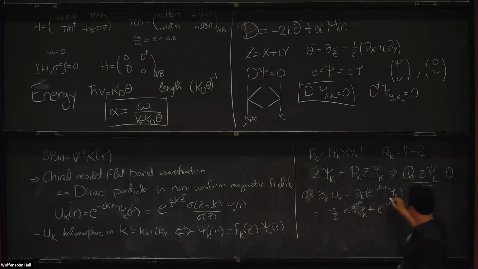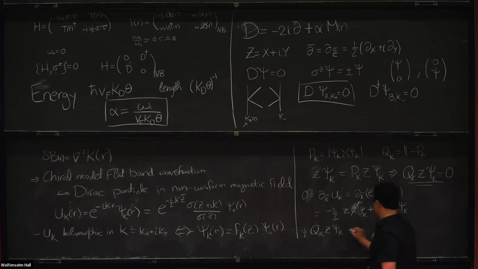Now I can get rid of this factor, and I can act with Q of K on both sides. So the first term will give me Q of K Z psi of K with some minus I over 2.